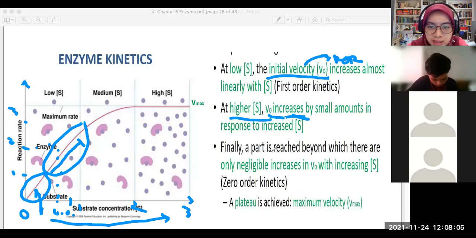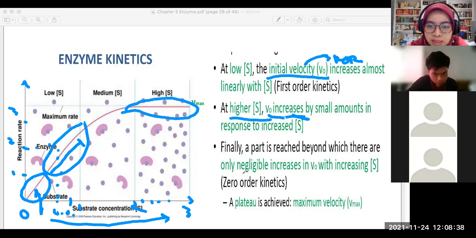Finally, a point is reached beyond which there is only a negligible increase in velocity with increasing substrate. So finally we reach this state where, although there is an increase of substrate concentration from 2 to 2.1, 2.2, until 3, the rate of reaction is stagnant.